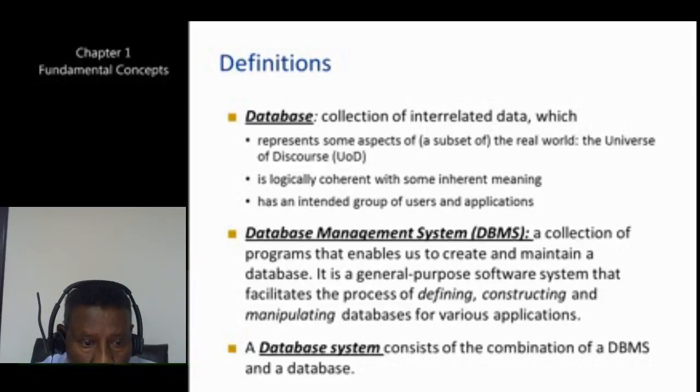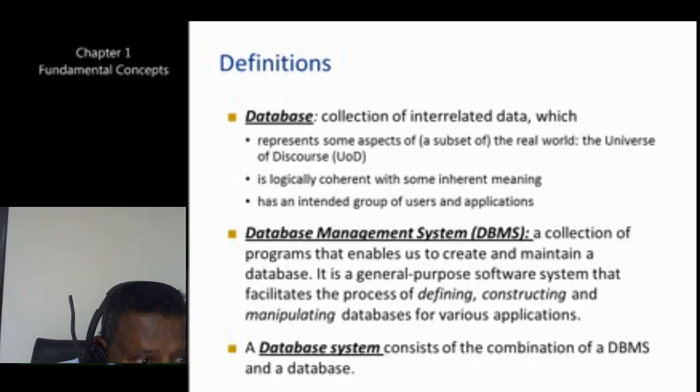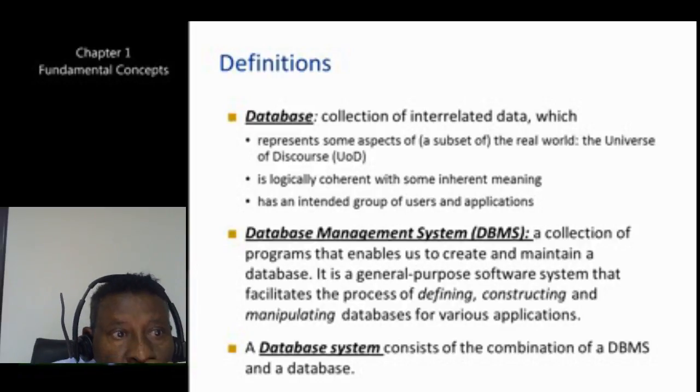So that's a DBMS. It's a collection of software programs that will allow us to do that. A database system is then the combination of both. So it's the combination of the database together with the DBMS, the database management system, software or system.